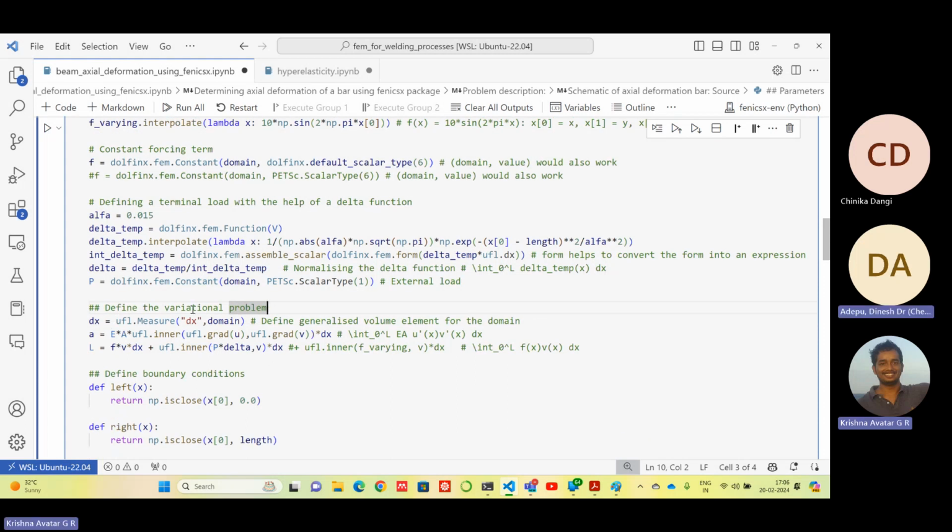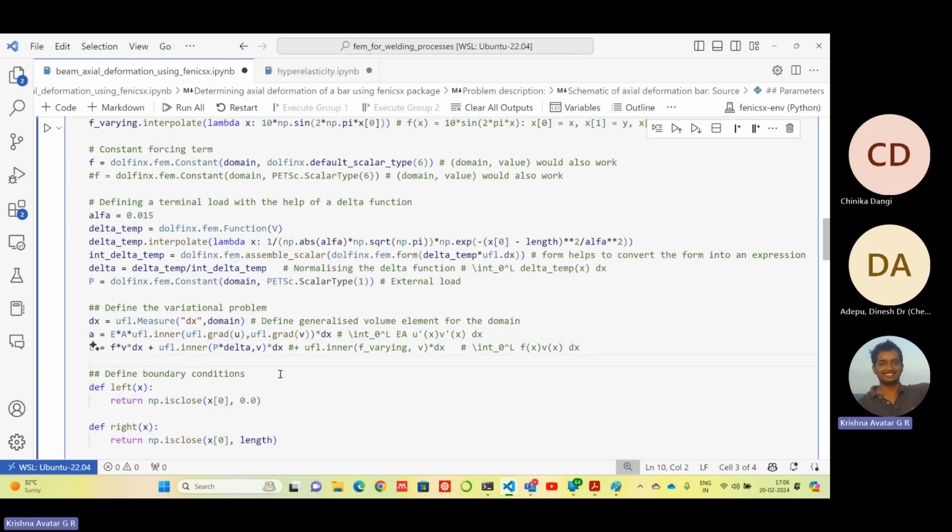Now we define our variational problem. We define dx, our integration element, defined over the domain.